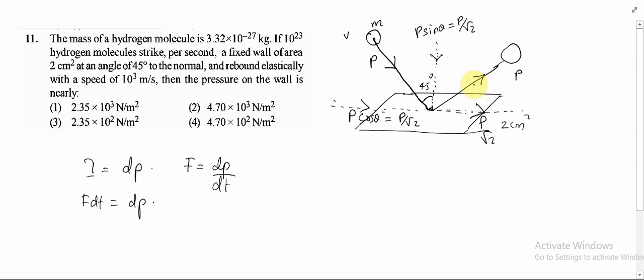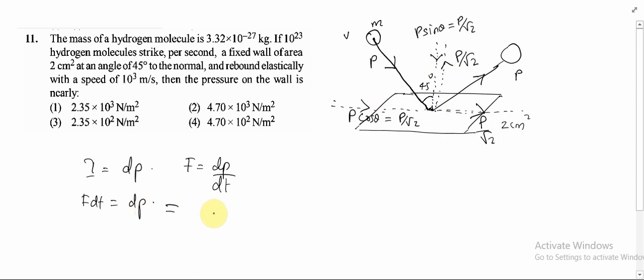So the final momentum vector has the vertical component in the opposite direction. Its magnitude is also p by root 2, but in the opposite direction. So the horizontal component of the momentum has no change after the collision, but the vertical component of momentum has changed direction. So we can find the change in linear momentum.